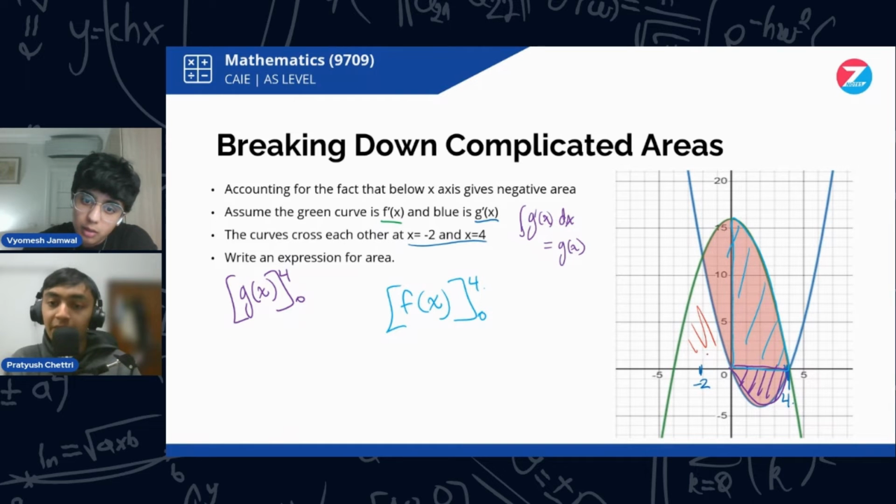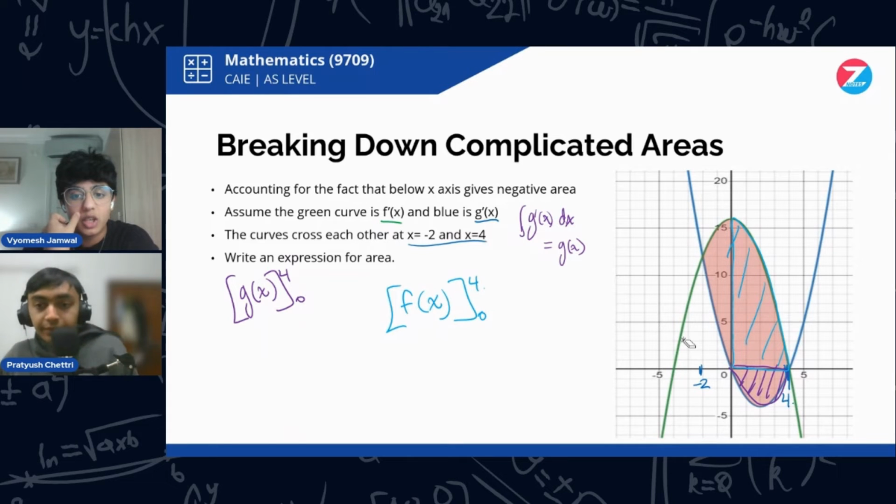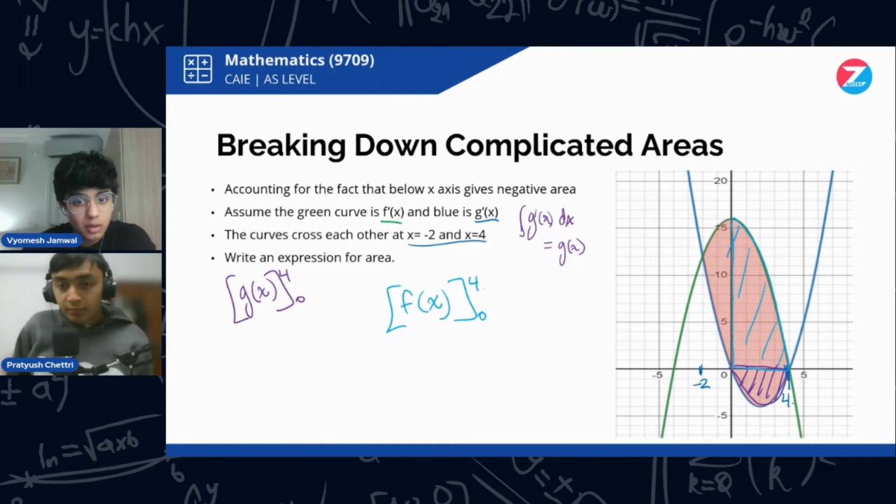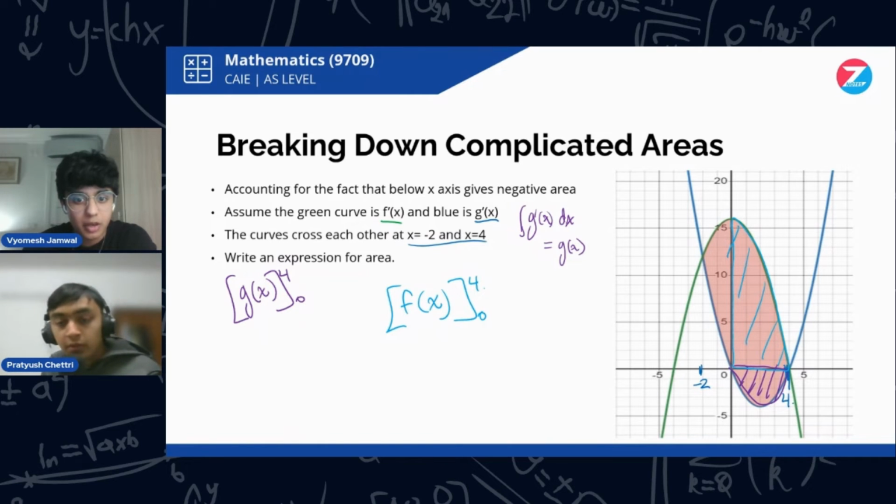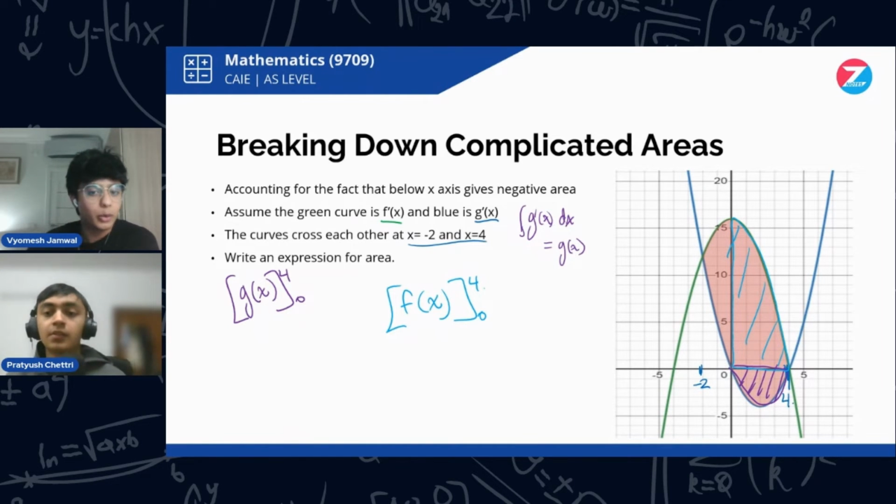It would work, but you'd have to get this bit separately, and getting that bit would be very hard. Because if we just try to do the integral of the blue thing, it's only going to be till -2, you know? Oh, yeah, true. So it's not going to cover some bit. So yeah, your method would work here. You should do it like this.